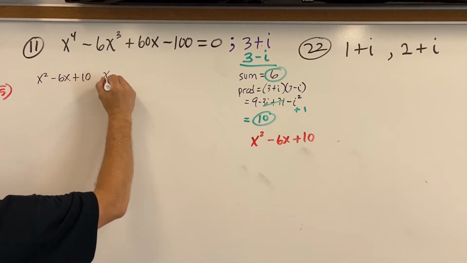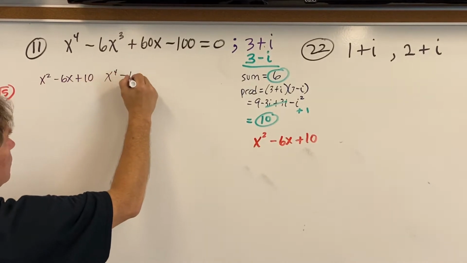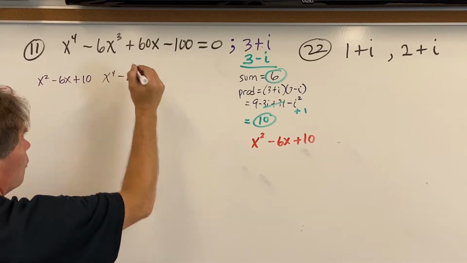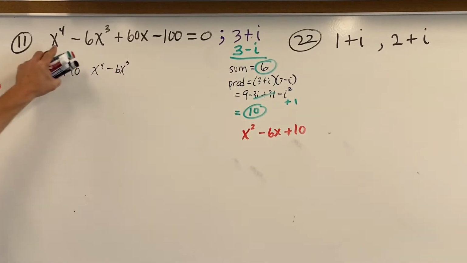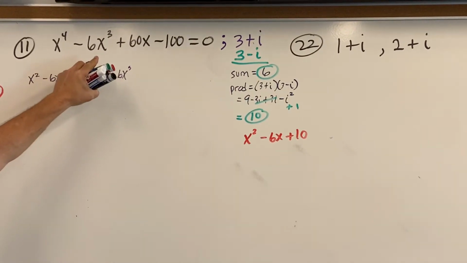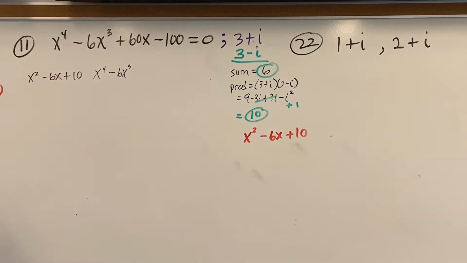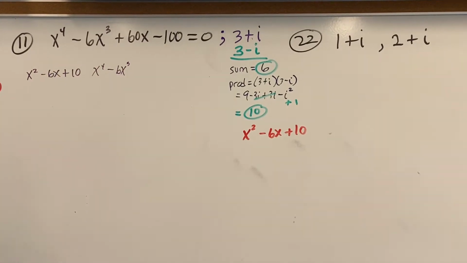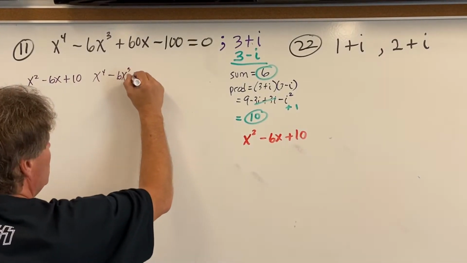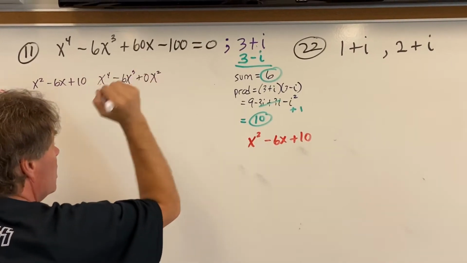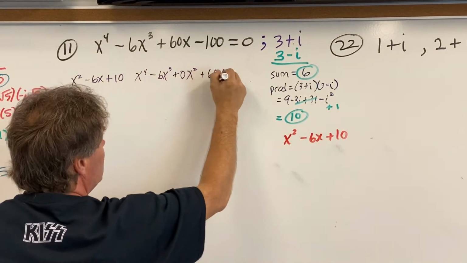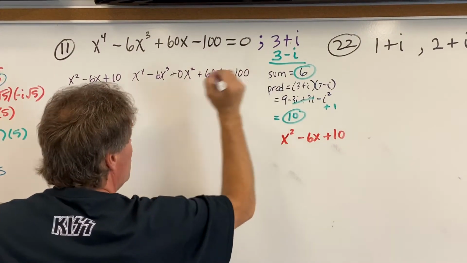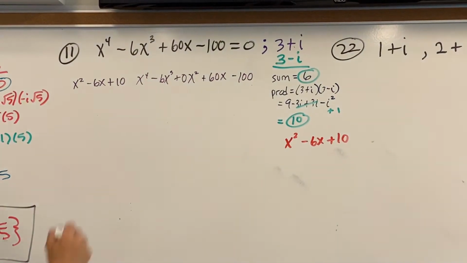And on the inside, we have x to the 4th minus 6x to the 3rd. Wait a minute. There's no x term. There's no x squared term. You need to put 0x squared in there. If you don't, you'll be in trouble. Plus 60x minus 100. Don't forget the 0. It's going to mess you up.